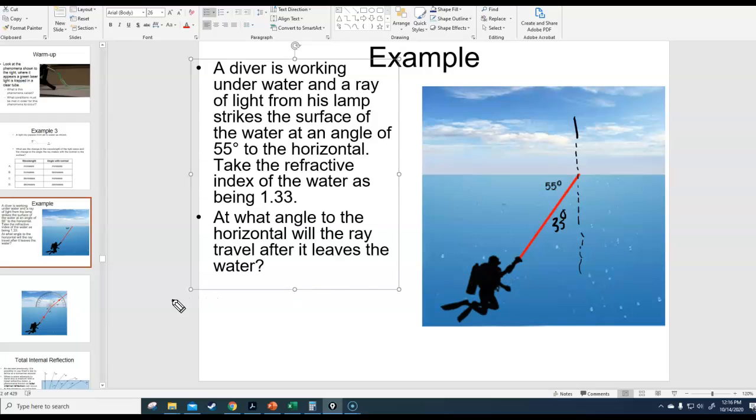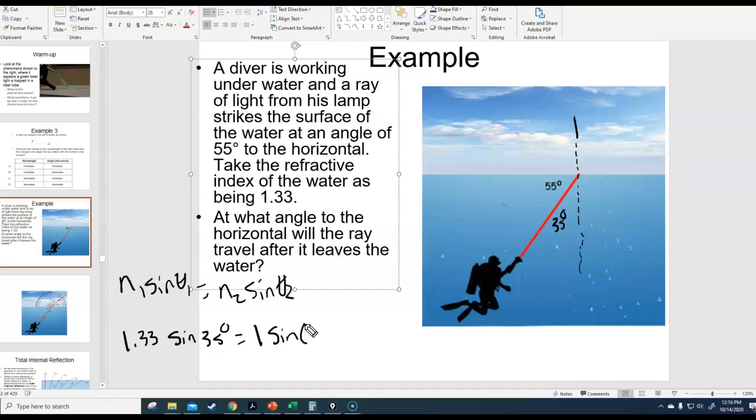Okay, so I'm using Snell's law to do this calculation. I have n1 sine theta 1 equals n2 sine theta 2. n1, because it's starting in the water, which has a refractive index of 1.33, I do 1.33 times sine of 35 degrees, and that's equal to n2, the refractive index of air is 1, times sine theta 2.